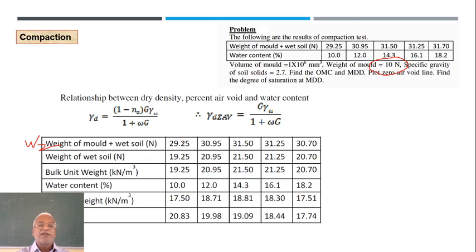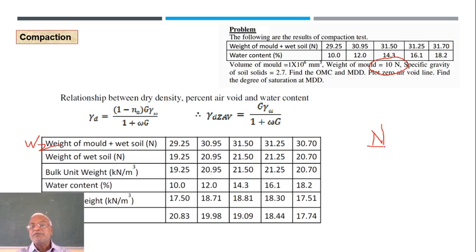So I'll subtract this 10, it becomes 19.25 newtons, and then bulk unit weight will be that 19.25 newtons divided by 1000 cc. Now if you want kilonewton per meter cube, it will be converted to 19.25 kilonewton per meter cube, right?